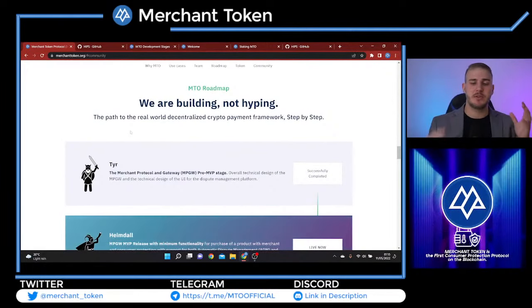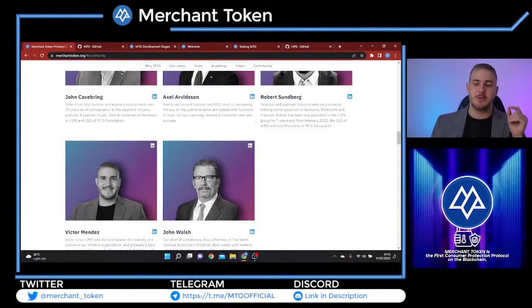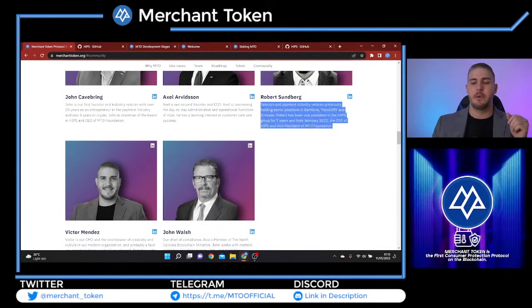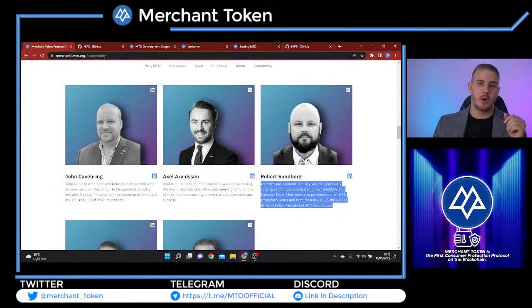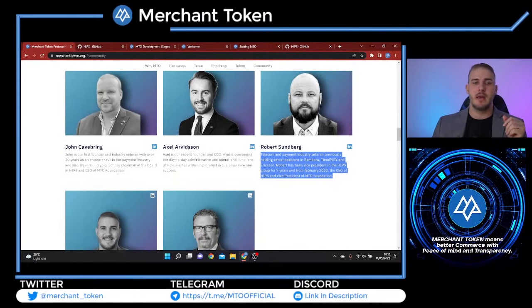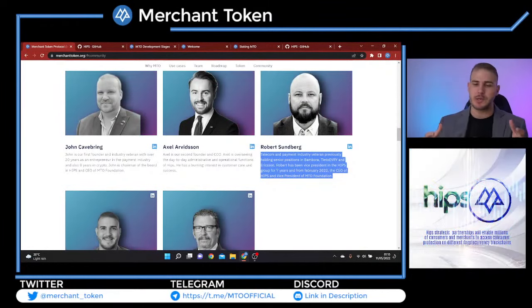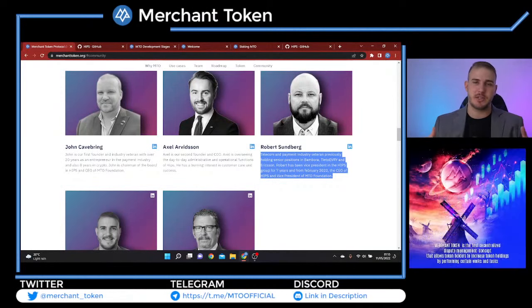Let's jump into something I wanted to discuss again, because I know I threw a bomb out there, which is the MTO Foundation. Some of you will be asking why we are joining a foundation, why we created a foundation. It's because MTO cannot be a company, because that goes against our ethos, which is decentralization itself.